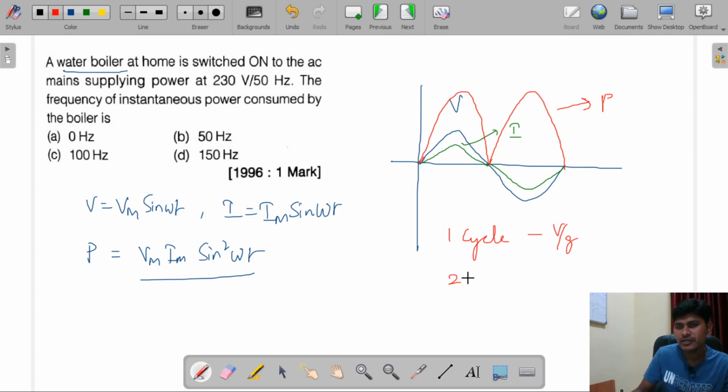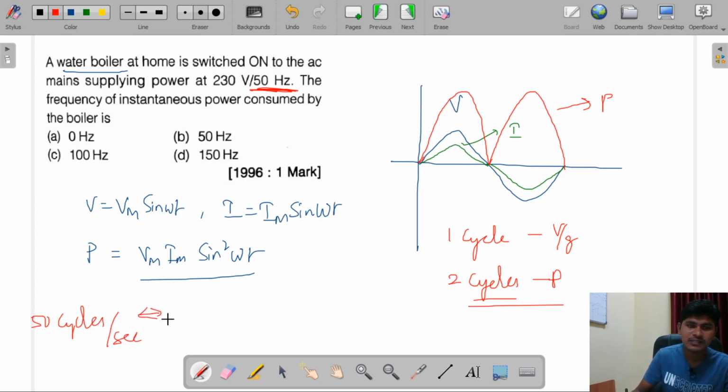So for one cycle of voltage, you are going to get two cycles of power, right? Then 50 hertz means 50 cycles per second. The frequency of voltage is 50 cycles per second.